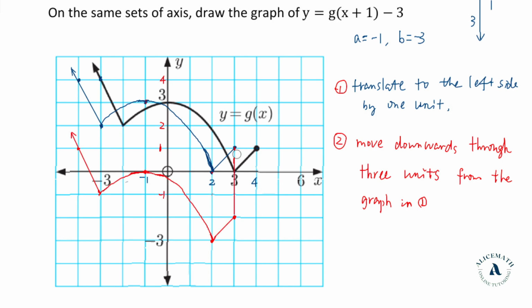The red one actually is our correct graph, y equals g(x plus 1) minus 3. Okay, so this is the whole procedure of this question.